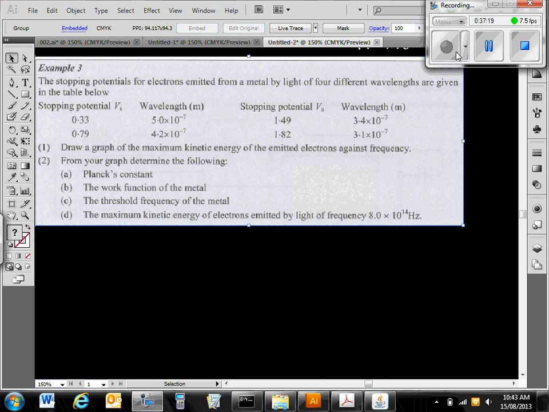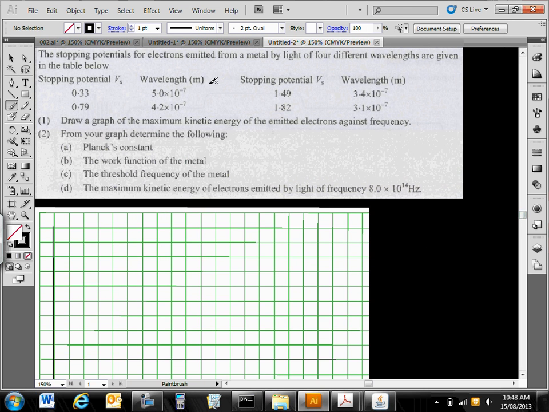Let's look first at the 4 wavelengths that we're given. 5 by 10 to the minus 7 meters, and frequency is 6 by 10 to the 14 hertz.